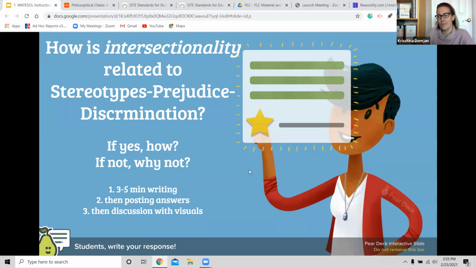Using the Pear Deck slides and asking them to post their responses on the slides sort of holds them accountable for their answers as well. Like, no, I really want you to write 3 to 5 minutes and then show me that you have been writing something, that you have actually been collecting information from your previous notes.